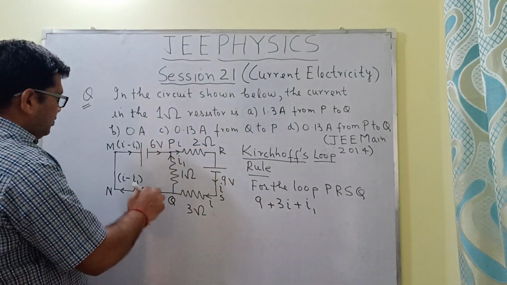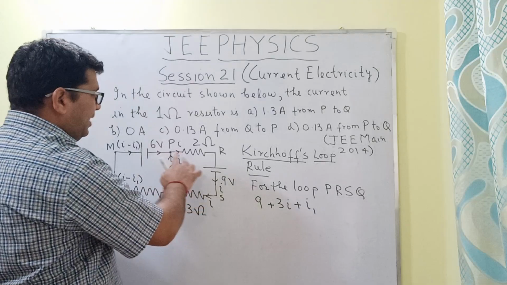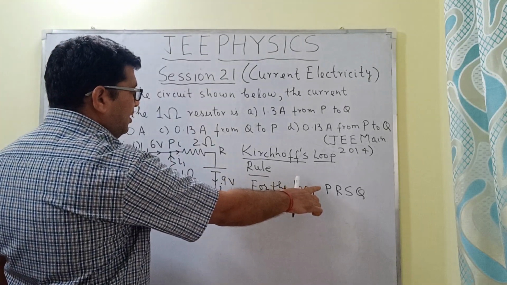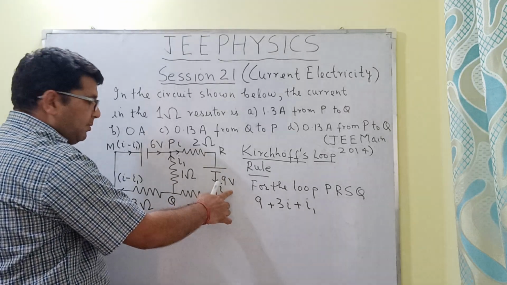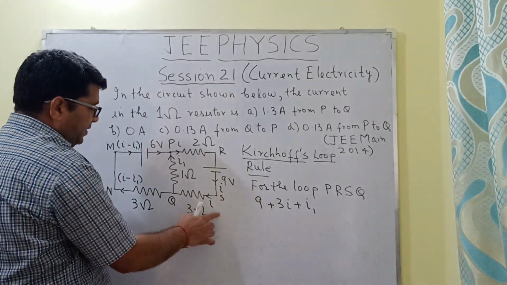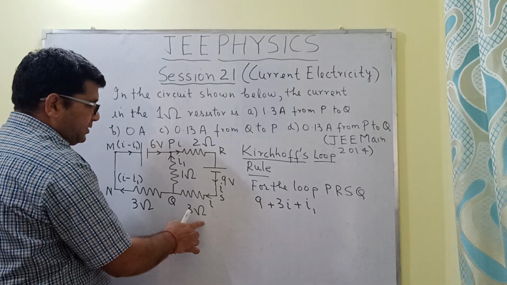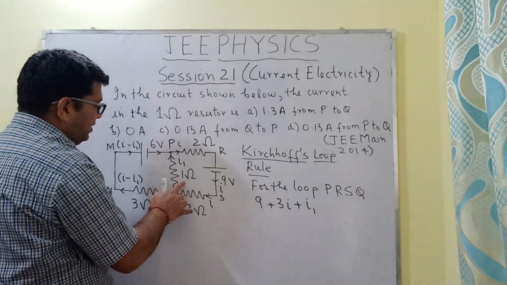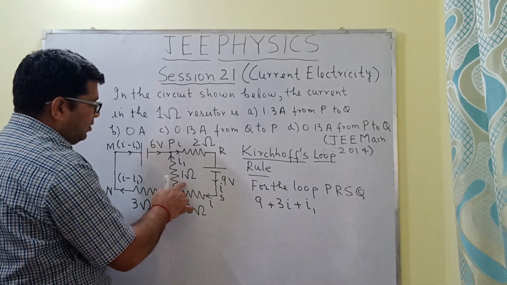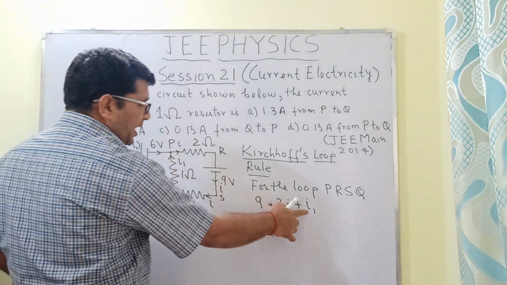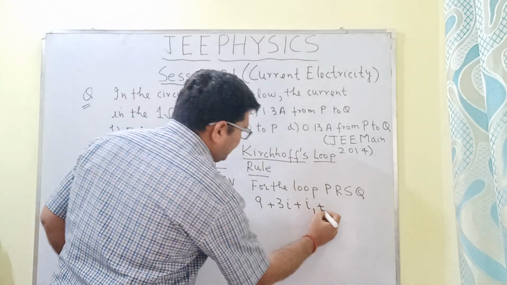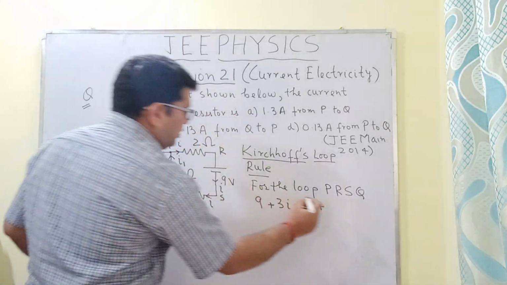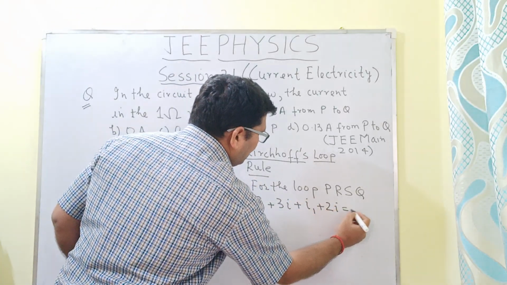Now, for the loop PRSQ, the potential difference across this EMF source is 9. The potential difference across this 3 ohm resistor is 3I. The potential difference across this 1 ohm resistor is I1 into 1, that is I1, and the potential difference across this 2 ohm resistor is 2I, and this is equal to 0.